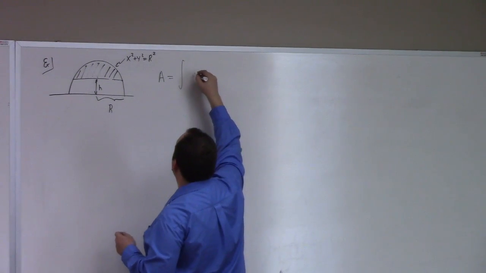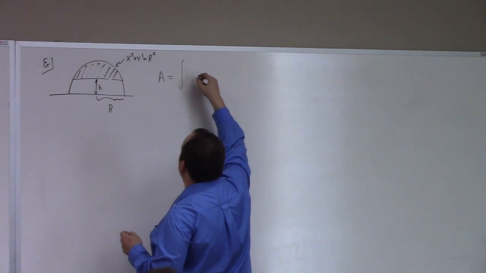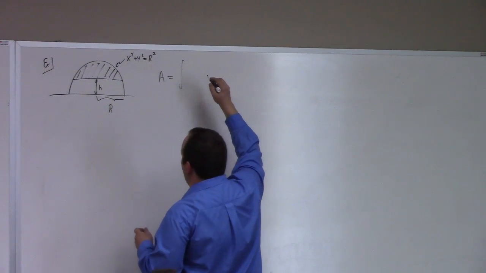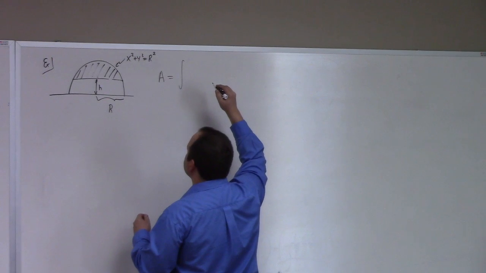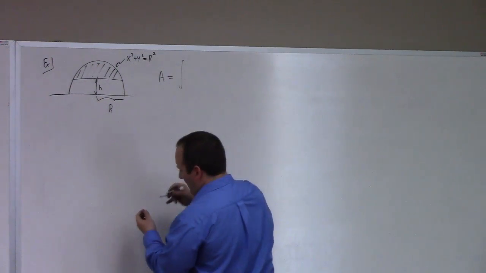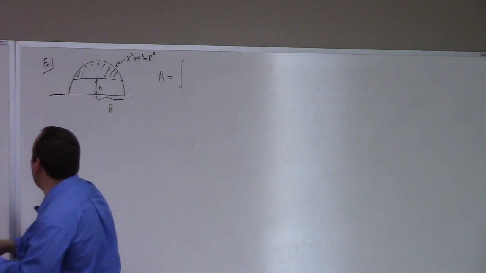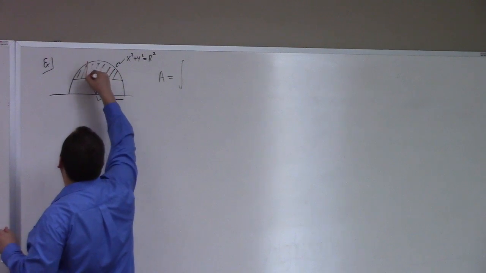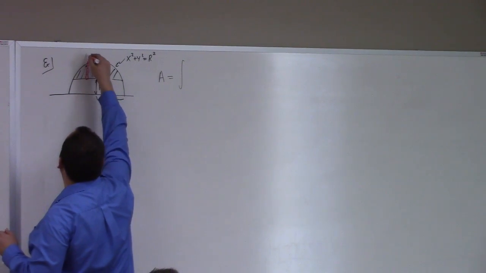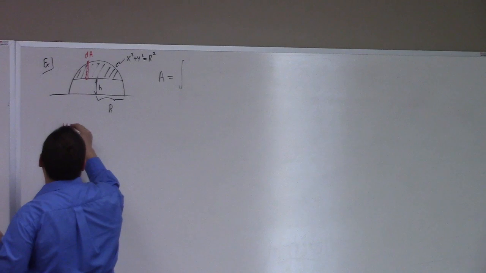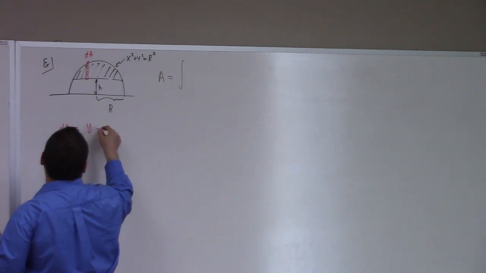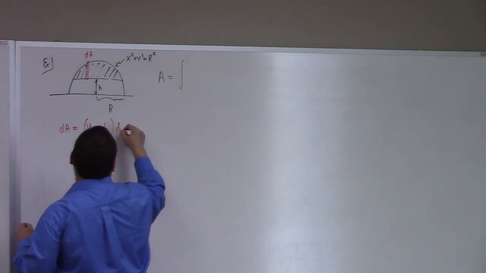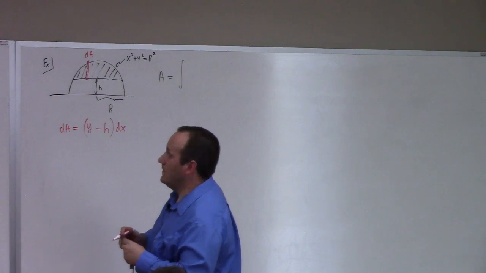So we have to integrate y. Let me draw a typical thing we're adding up. Here's our little dA, right? So dA is equal to y minus h dx, right?